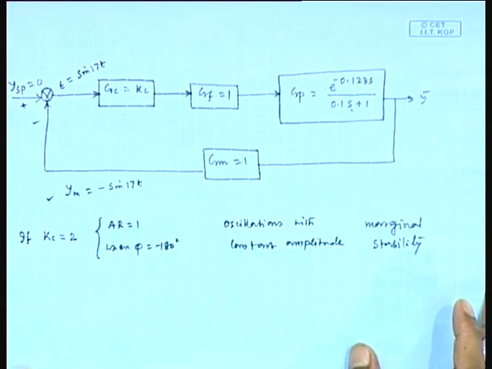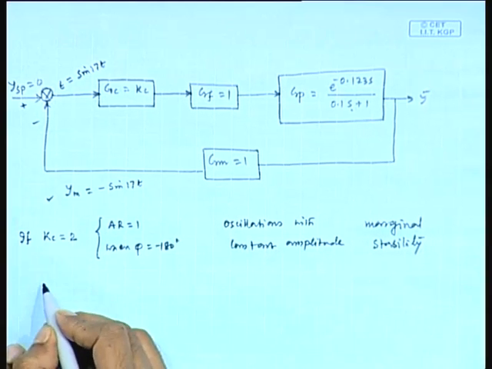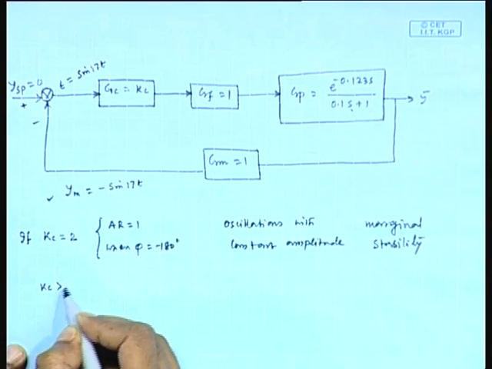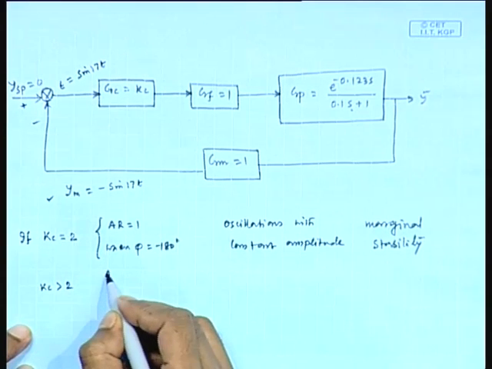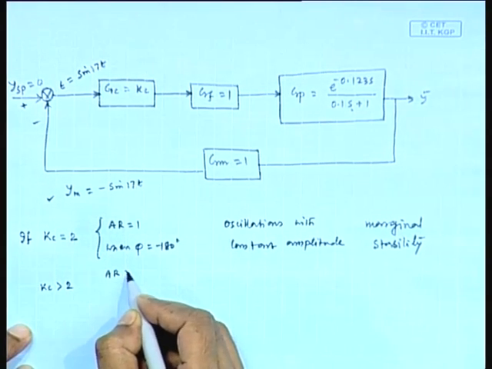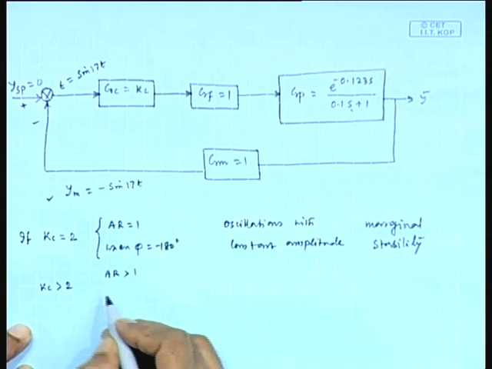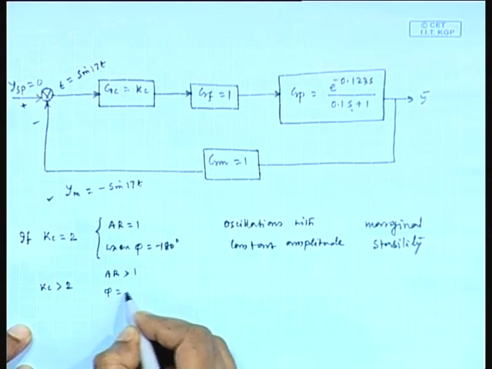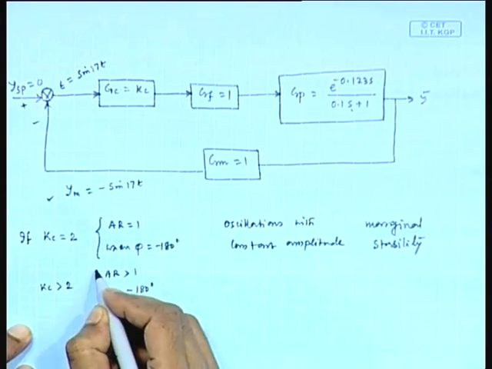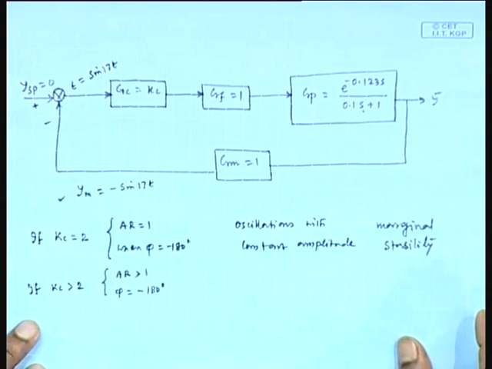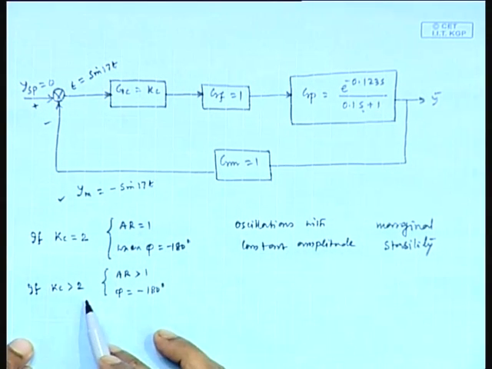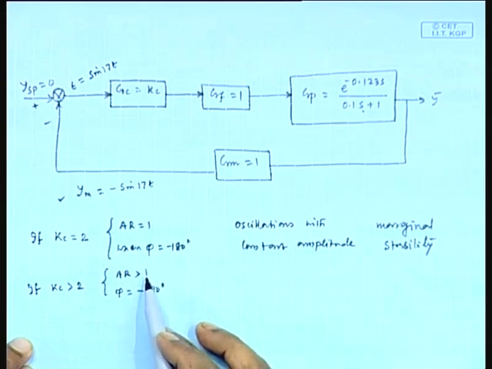Fine. Now, similarly we can conclude that if Kc is greater than 2, then amplitude ratio becomes greater than 1 when phi is minus 180 degree.